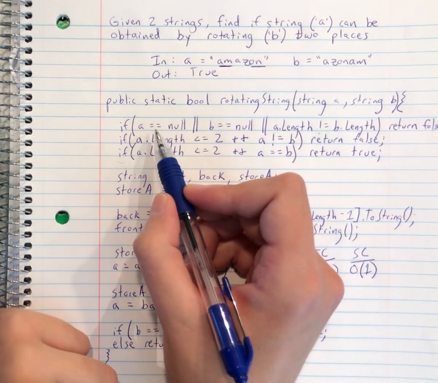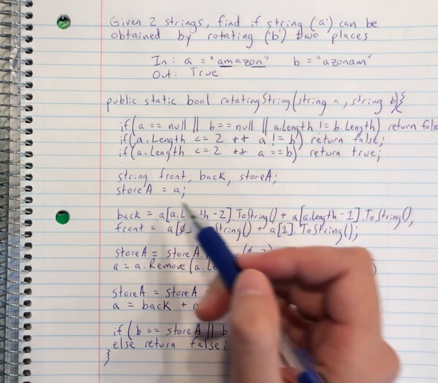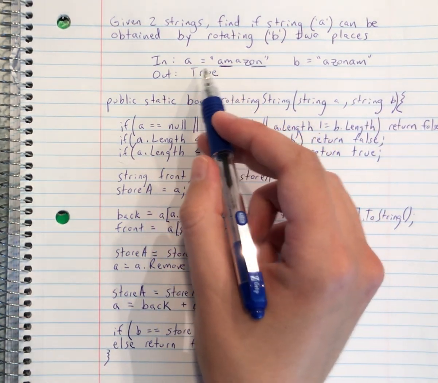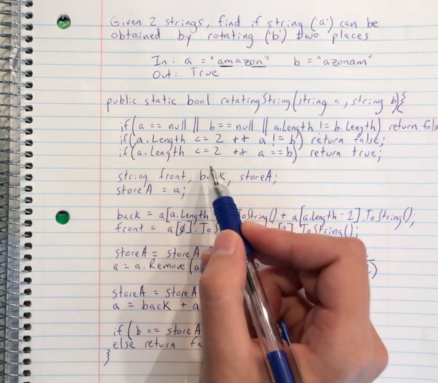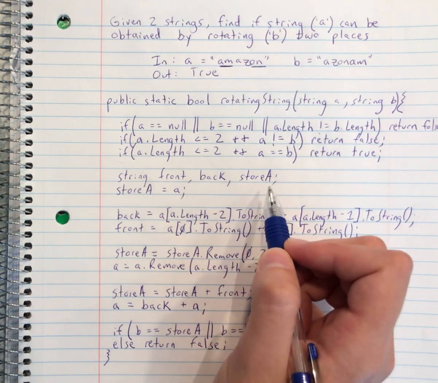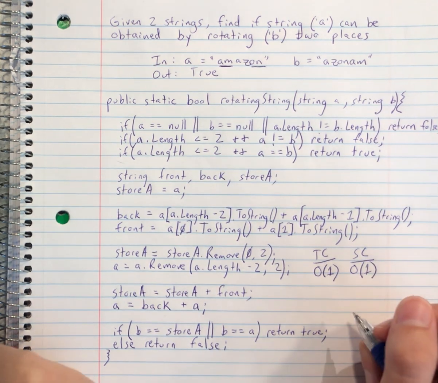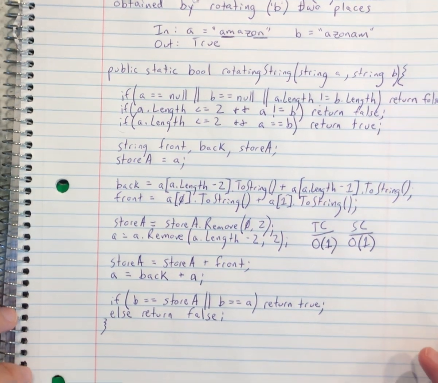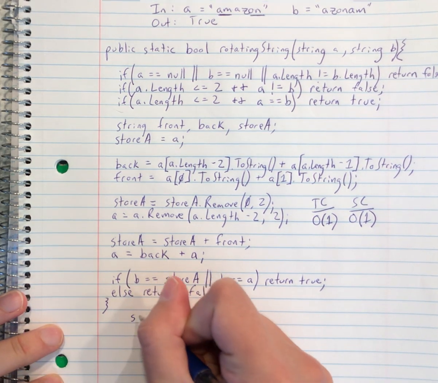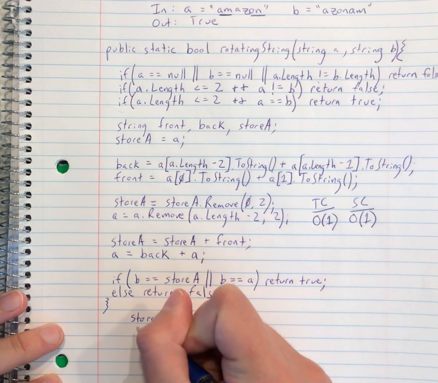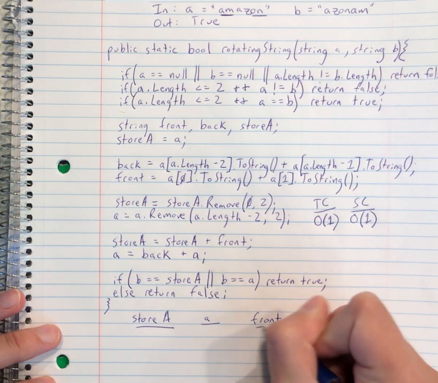So A or B is not null. These two strings are the same length. We move past, and considering A and B as our input. Not less than 2, not less than 2. We have these variables, and store A now has A. So I'll write out the current value for store A, the current value for A, for front, and back.